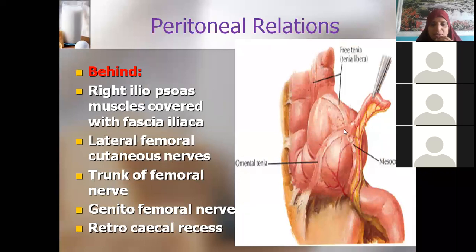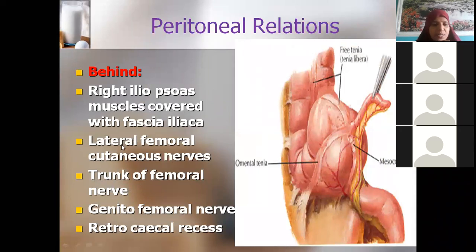Now behind, this was what I was trying to tell you. See, if you lift the cecum, behind, I told you this is the retrocecal recess, and here you will find a muscle. The name of the muscle is iliacus. What is the name of the muscle? Iliacus. And the fascia which is covering the iliacus is fascia iliaca. So when we do dissection and try to remove this fascia iliaca, you will see certain nerves over there.